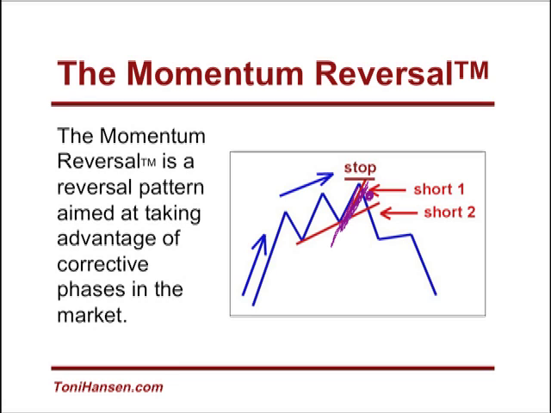Now, sometimes you don't see this pattern until it's already taken place, so you don't want to just jump on board. But a secondary option is to connect those two lows between the two highs and extend that and use that as a channel break.